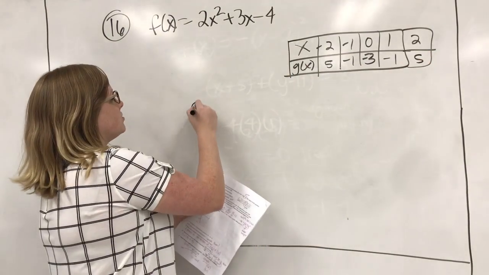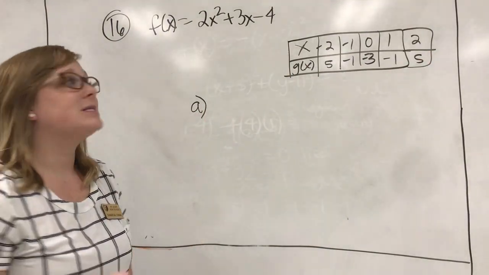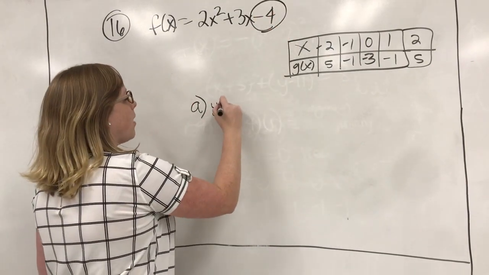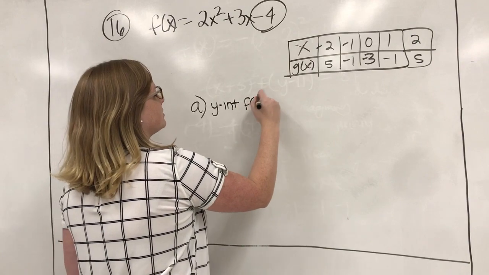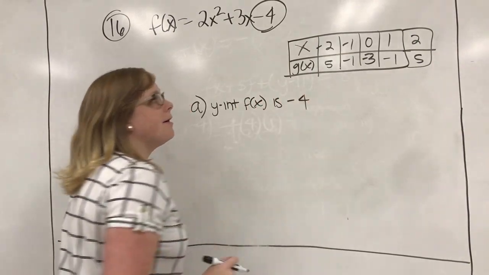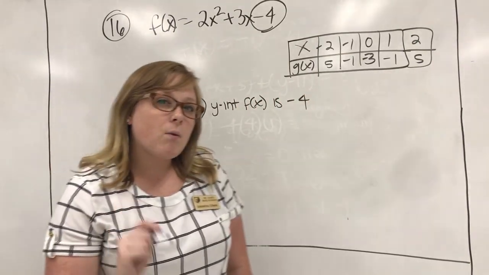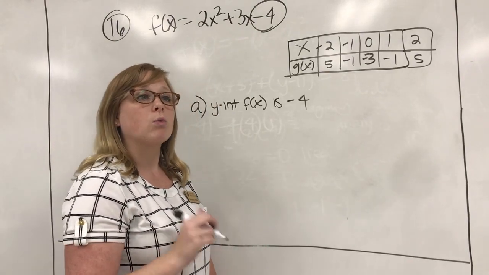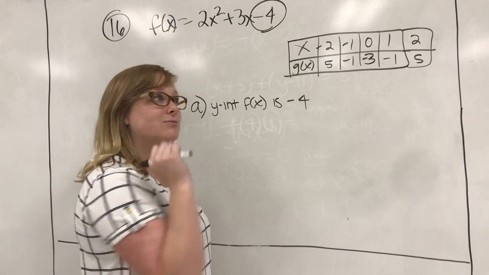Find the y-intercepts of each function. Remember, the y-intercept of a quadratic in standard form is this last number. So my y-intercept of f of x is negative 4. Also remember that my y-intercept is just wherever I plugged in 0, or where the x is 0.